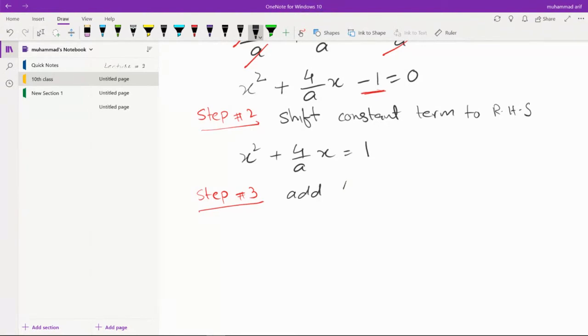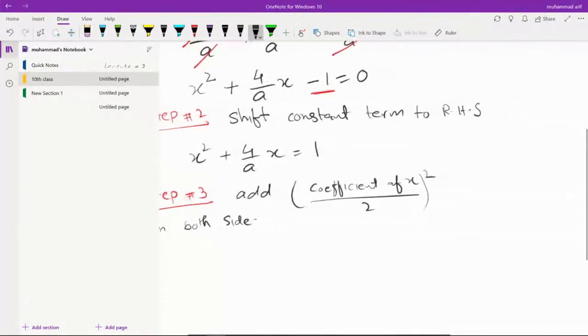Add coefficient of x divided by 2 whole square on both sides. How can we simplify it?